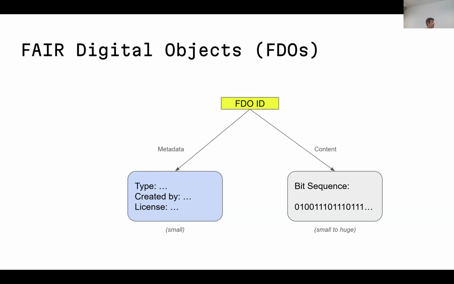So that's something the tool should be able to process and then figure out what to do with, whereas the content could be potentially huge. It could be a multi-terabyte file. And in this case, it's particularly important to be able to read the metadata, because otherwise the only way to figure out something is to read a multi-terabyte thing, which you can't really do. You can't really provide any useful interactions on that.